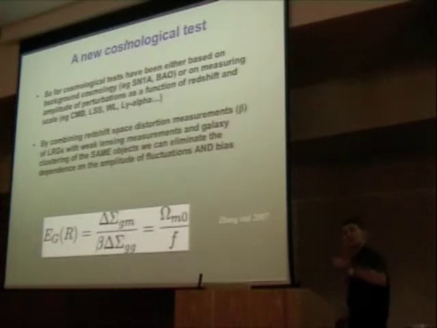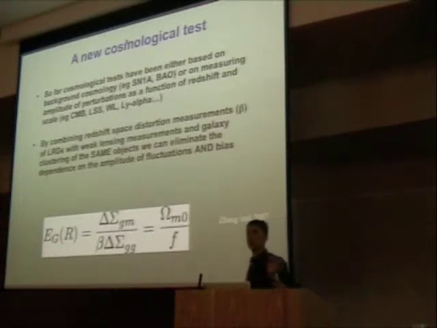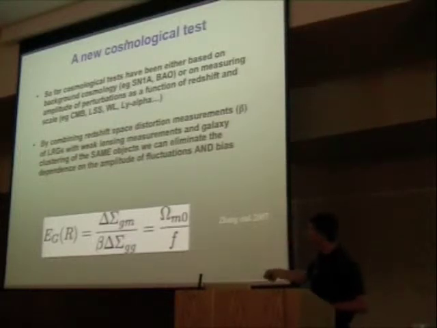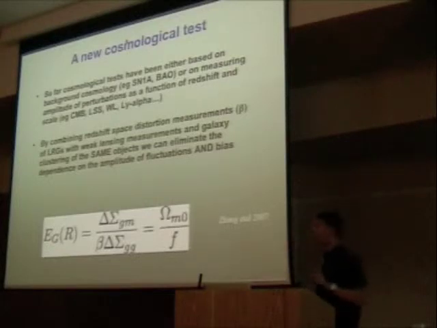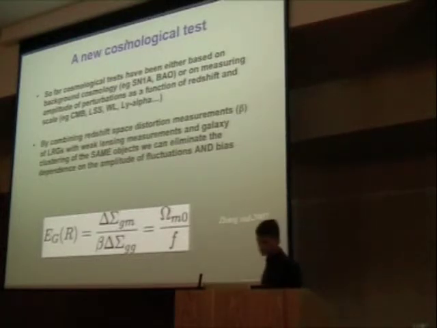Redshift space distortions are sensitive to this parameter beta, which is b over this logarithmic growth rate f. And so in this particular combination, again, bias cancels, but not only bias cancels, the amplitude fluctuation sigma 8 also cancels. And one is left with something which is just dynamical without the amplitude fluctuations. In this case, omega matter, for standard models, omega matter over the logarithmic growth rate f.